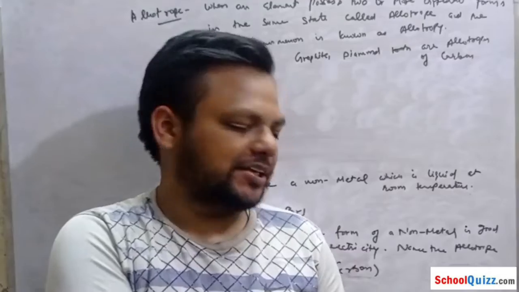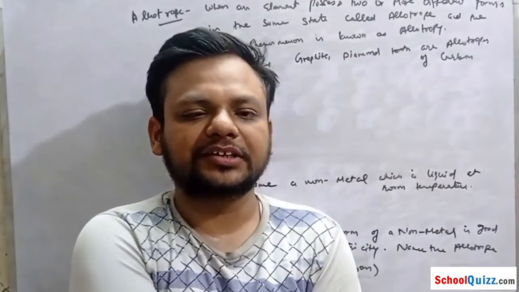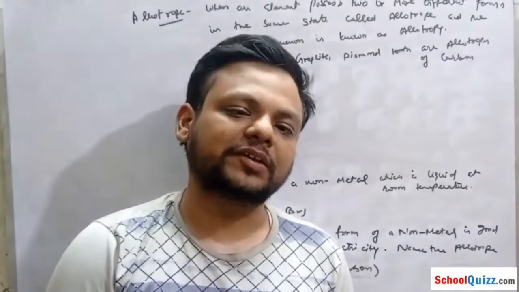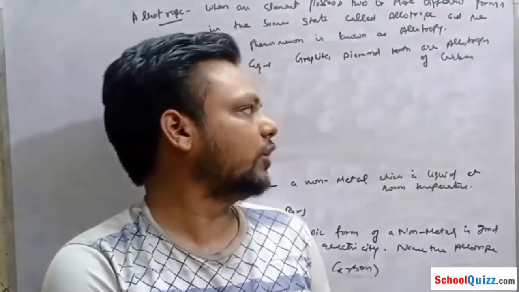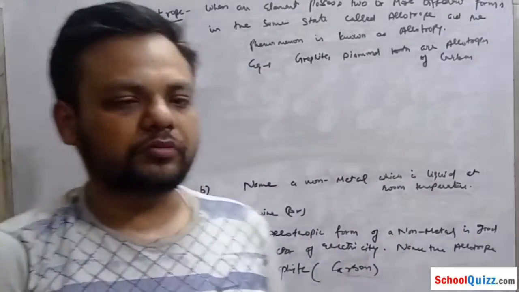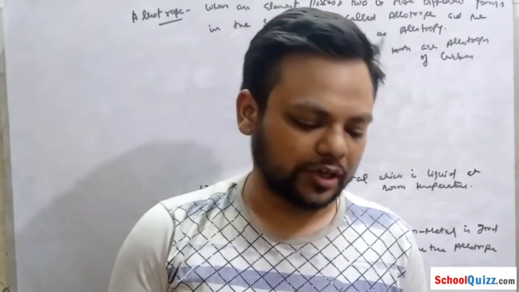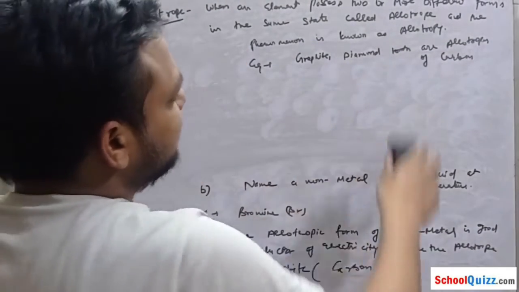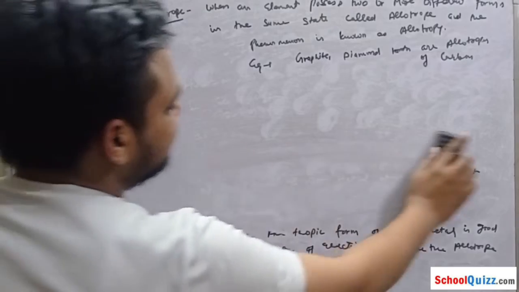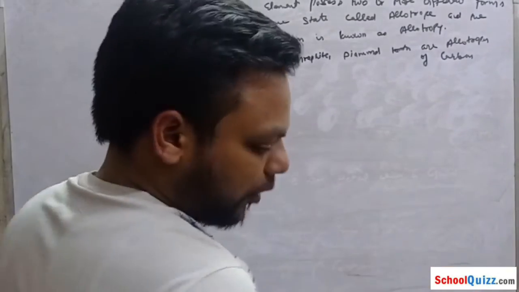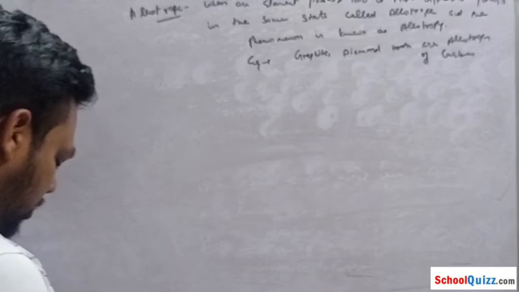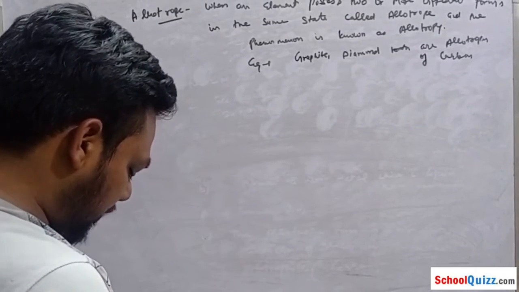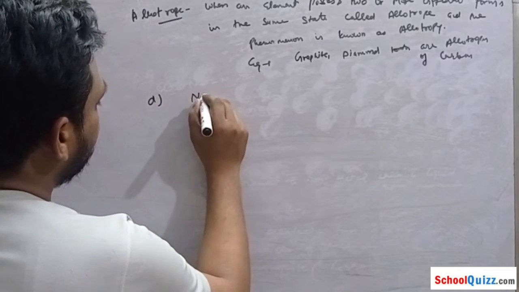We will discuss it in detail in class 10th, chapter number 4, Carbon Compounds, where we will study the different allotropes. In 9th, you have to remember that when an element possesses two or more different forms in the same state, it is known as an allotrope, and this phenomenon is known as allotropy.